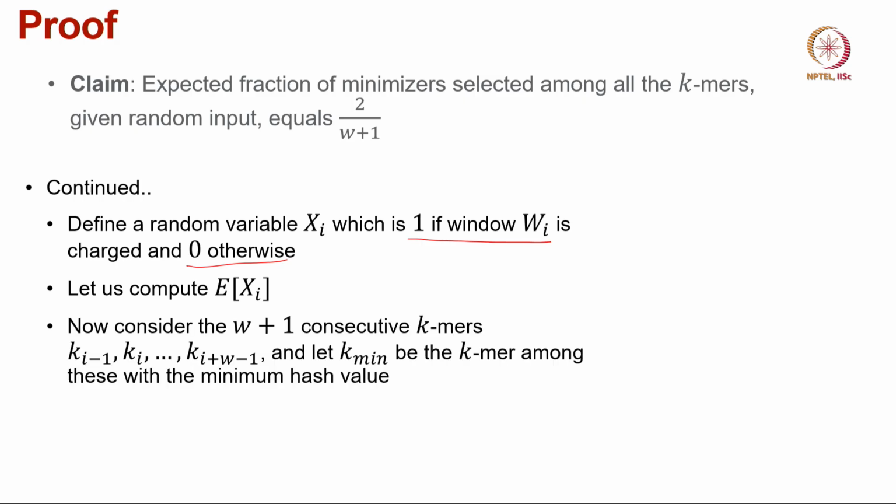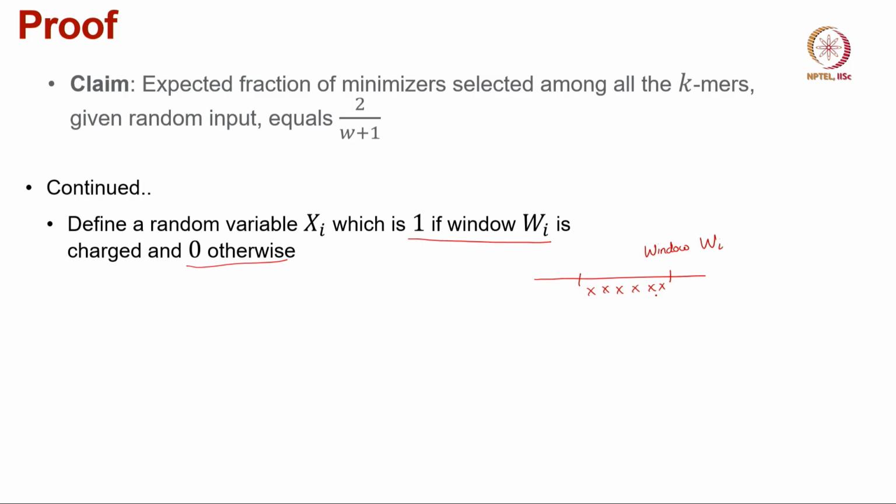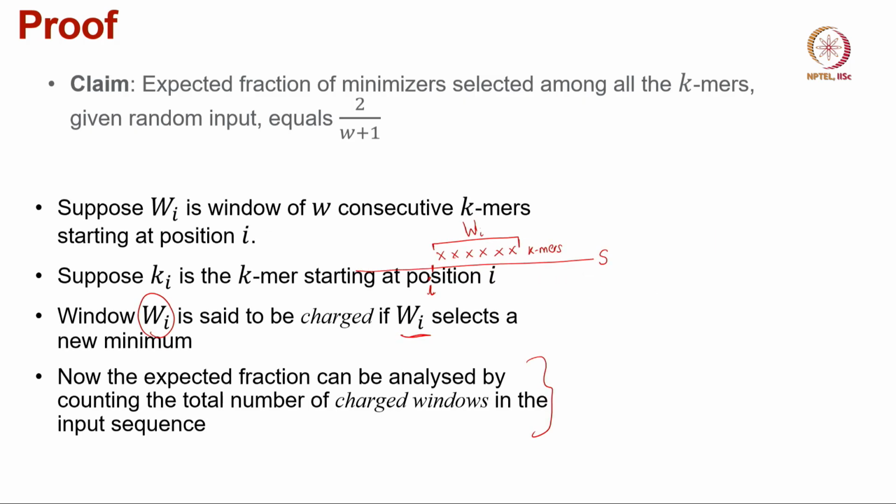To do that, I am going to look at w plus 1 consecutive k-mers. Remember that the definition of Wi is that in the window Wi we have w consecutive k-mers.